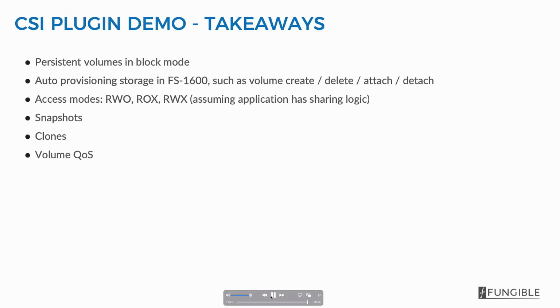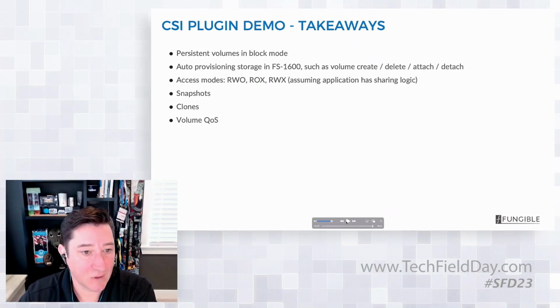The output there is that we have the ability to provide all of the same levels of durability at the per-volume level to each individual container. We can also integrate things like snapshots, clones and per-volume quality of service for persistent volumes in block mode, or even for non-persistent volumes that exist out there.